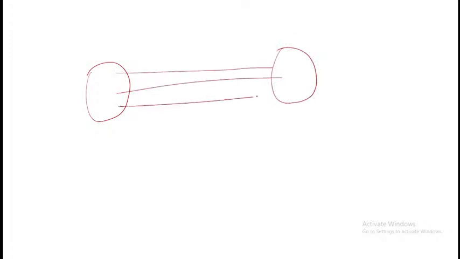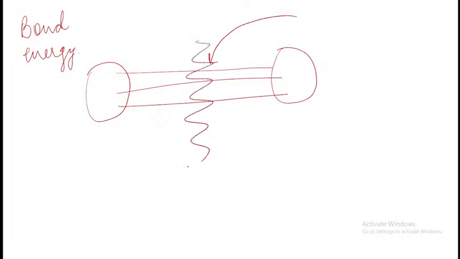See, you have the first and the second atom, right? Now when they are bonded with each other, if you want to understand what a bond energy is, it simply means the actual amount of energy required to break this complete bond, to dissociate the two atoms from each other.